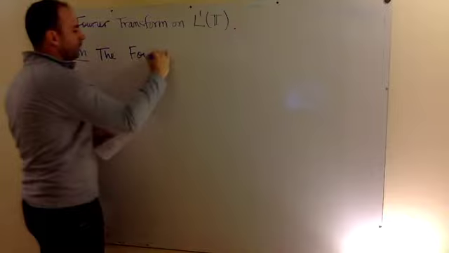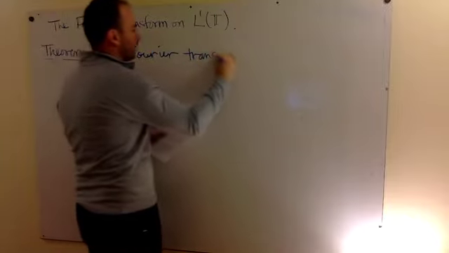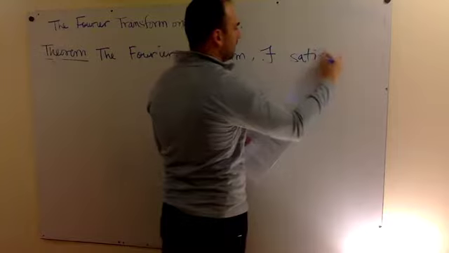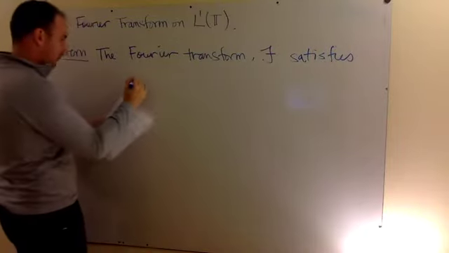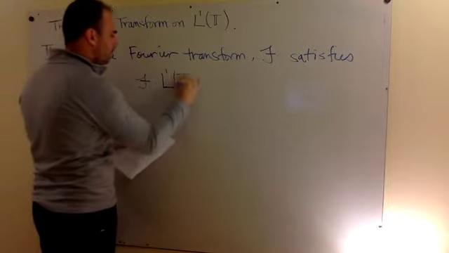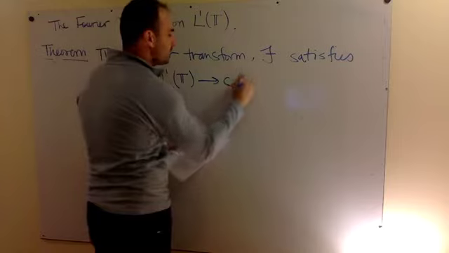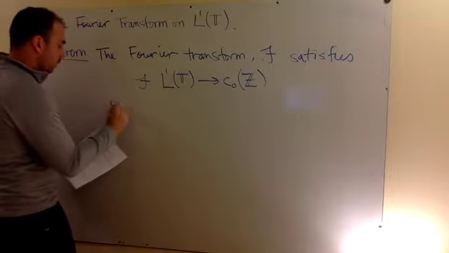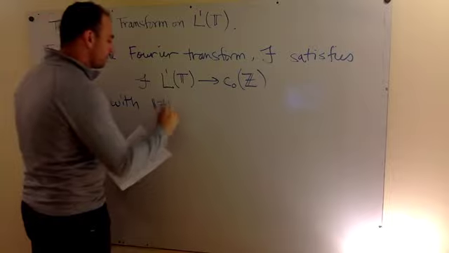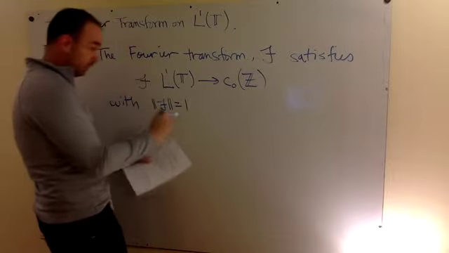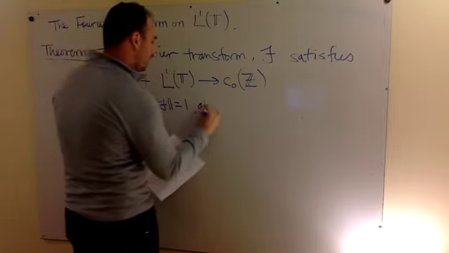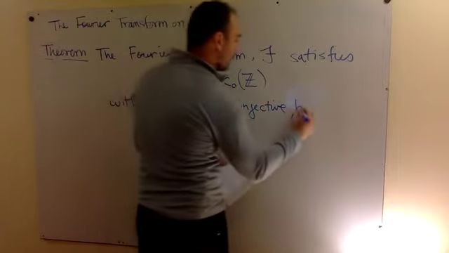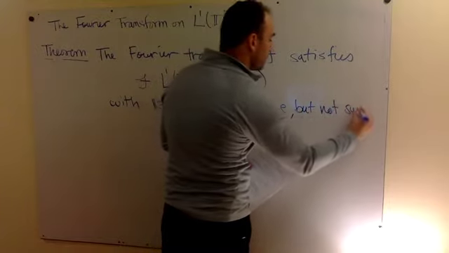The Fourier transform f satisfies: it maps L1 into little c0 of Z, and I'll talk about what that means in just a second, with operator norm 1, and is injective but not surjective.